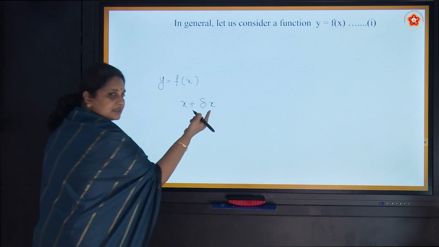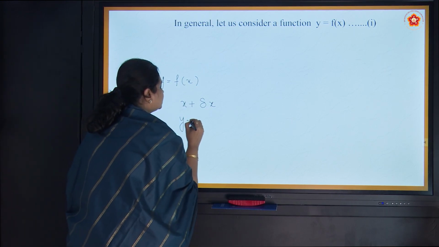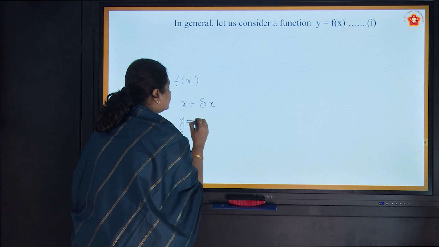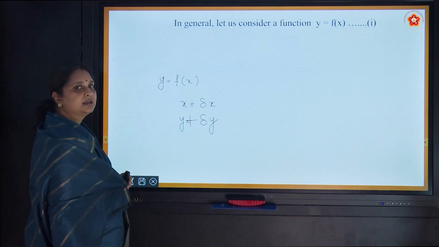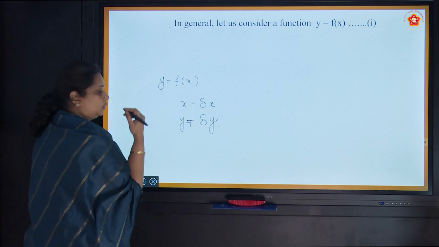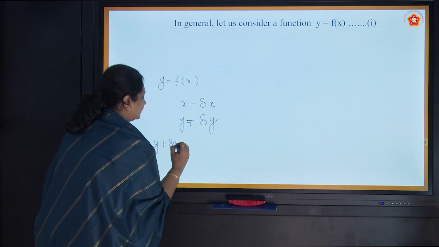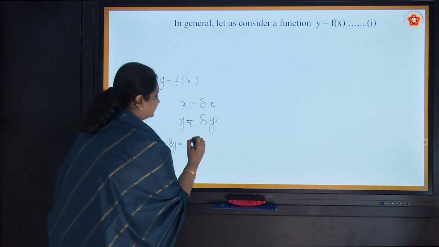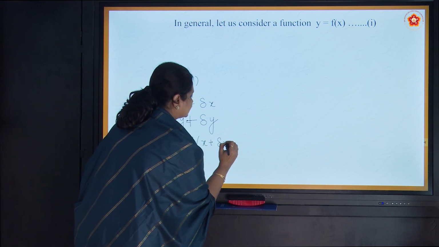Now, this increase impacts the y value. So y is also increased by a negligible value, y plus del y. So how do I express my new value of y? I write y plus del y is equal to f of x plus del x.